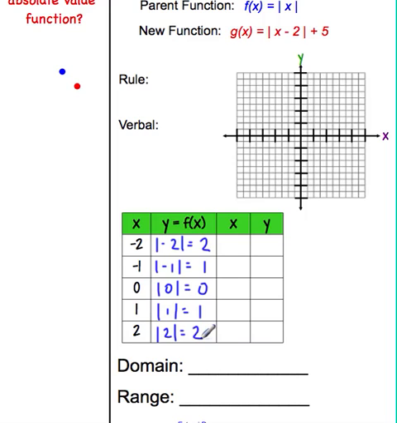So what I'm going to do now is I need to graph this. So if we look here, I've got -2, 2. -1, 1. 0, 0. 1, 1.